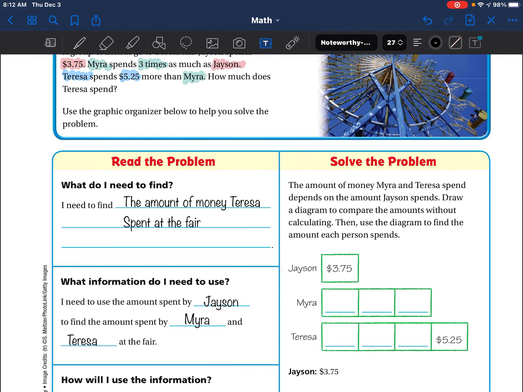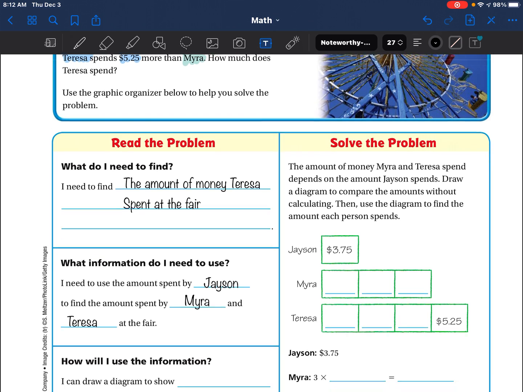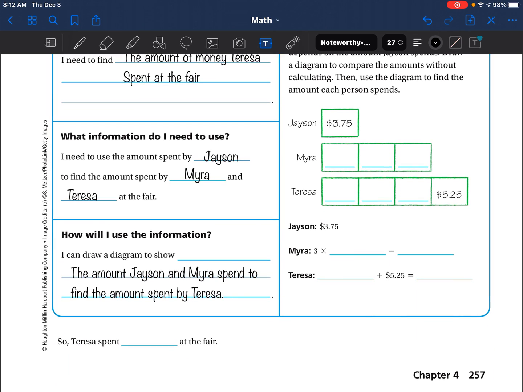What information do I need to use? I need to use the amount spent by Jason. Then I need to find the amount spent by Myra. Then I'll be able to find the amount spent by Teresa. How will I use the information? The amount Jason and Myra spend to find the amount spent by Teresa.